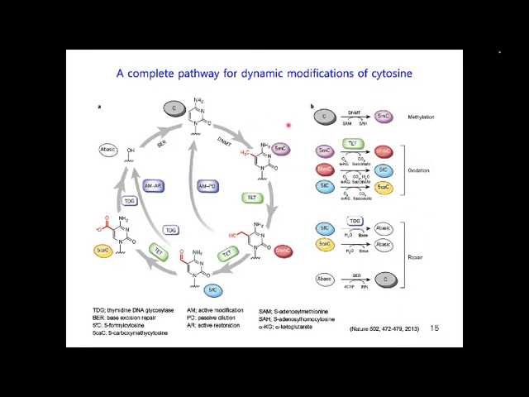So this is the complete pathway for dynamic modification of cytosine. It's not necessary to memorize all these things. I simply want to overview the process of demethylation and methylation.